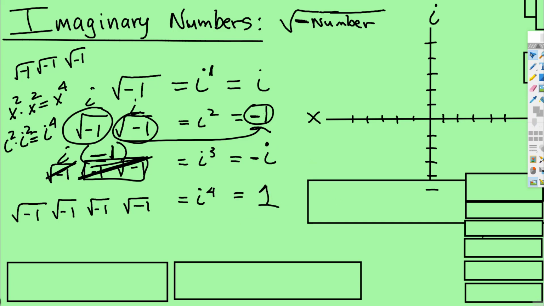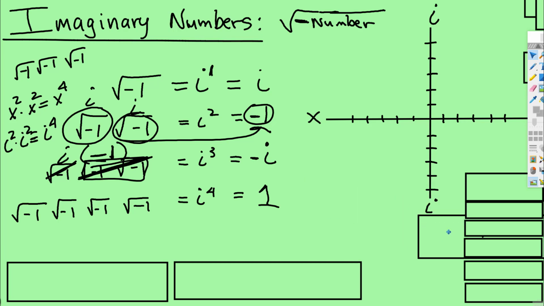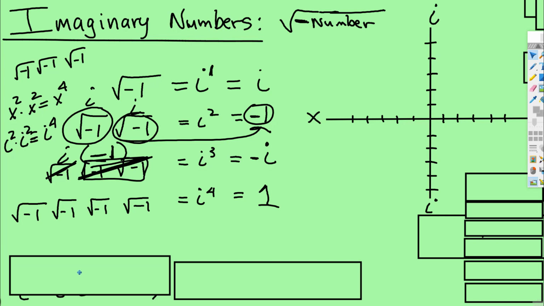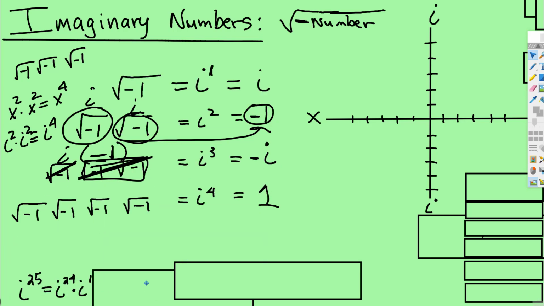And the reason that comes in handy, especially for those of you that are going to be taking the ACT or SAT or PSAT sometime in your near future, or just on an Algebra 2 or pre-calculus final. Here is the example. They might ask you, what does i to the 25th power simplify to?